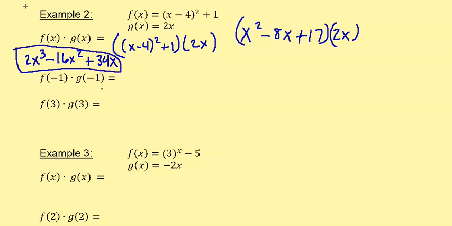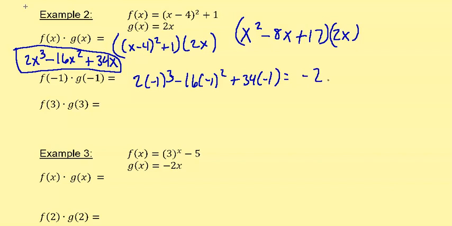Okay, let's find f of negative 1 times g of negative 1. So then we have negative 2 minus 16 minus 34.